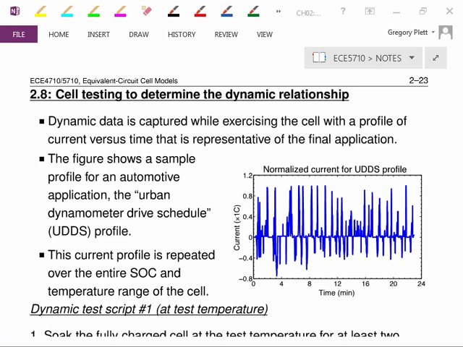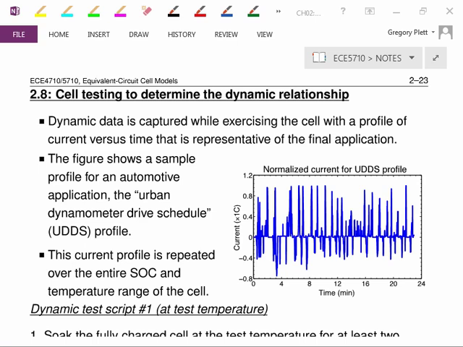So if I am designing a battery management system or a model for a battery management system of a vehicle, I would like to collect this data by using a profile of current and voltage versus time that is representative of how that vehicle will actually work.